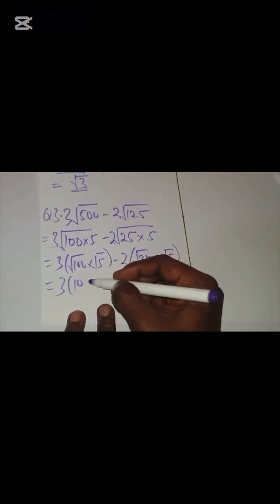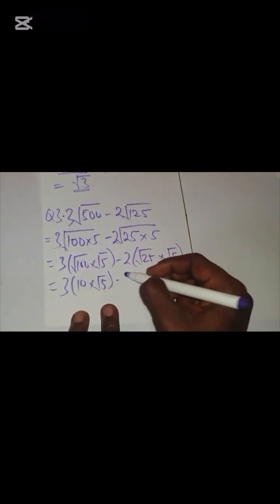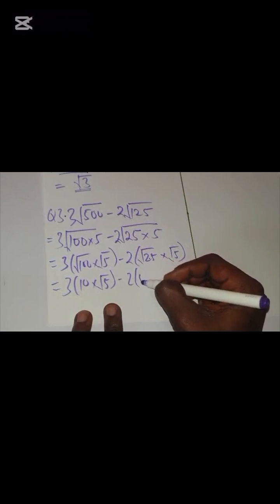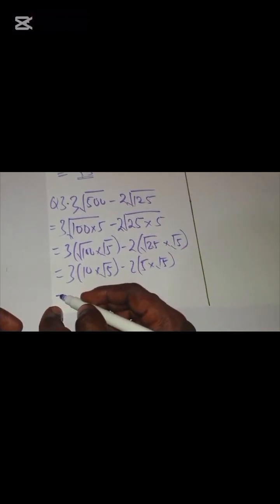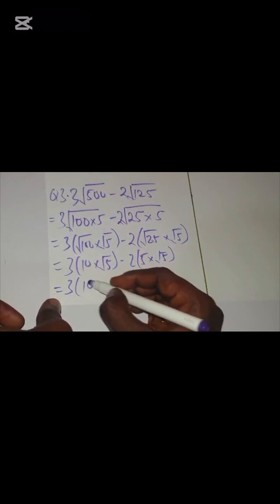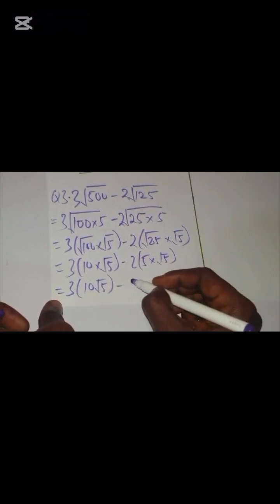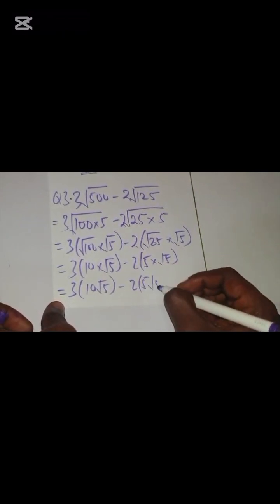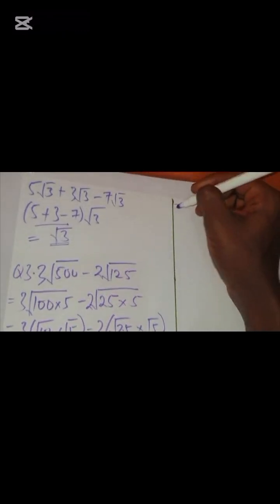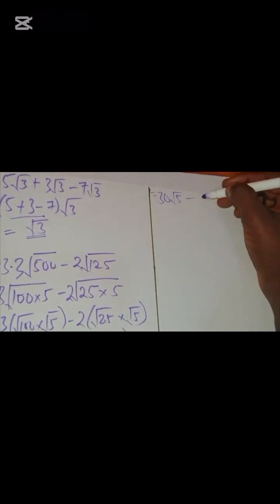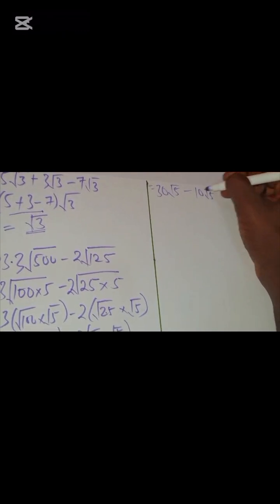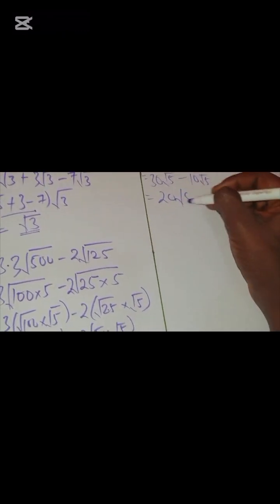Root of 100 giving us 10 times root of 5 minus root of 25 giving us 5 times root of 5. So this becomes 3 times 10 root of 5 minus 2 times 5 root of 5. So 3 times 10 giving us 30 root of 5, and 2 times 5 giving us 10 root of 5, which our final answer becomes 20 root of 5.